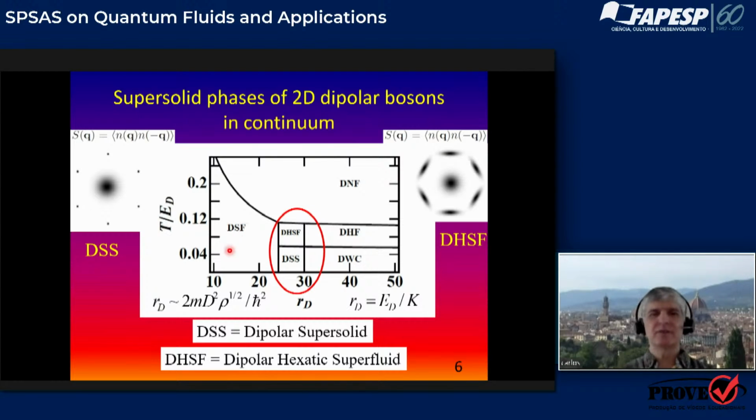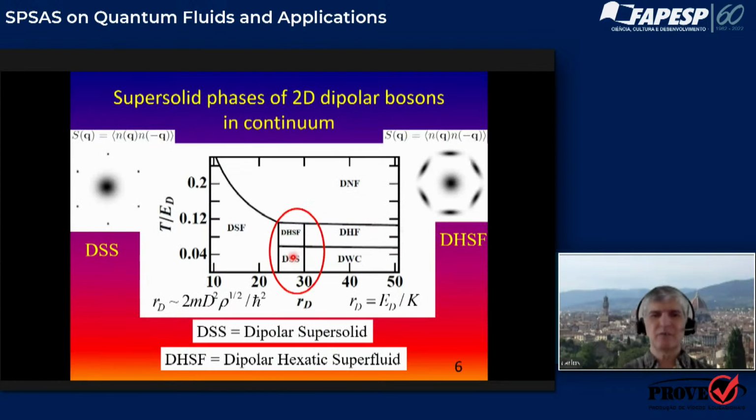At very low temperatures, when the kinetic energy is much larger than the dipole energy, you have a dipolar superfluid. So it's completely dominated by the kinetic energy. And when the system is dominated by the dipole-dipole interaction fully, you have what we call a dipolar Wigner crystal at low temperatures, DWC.